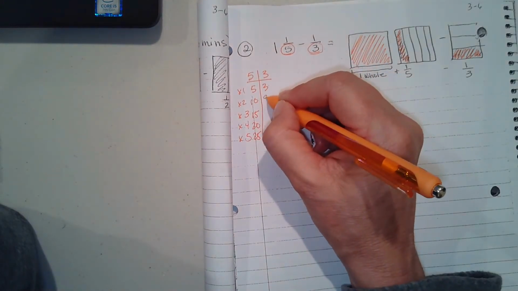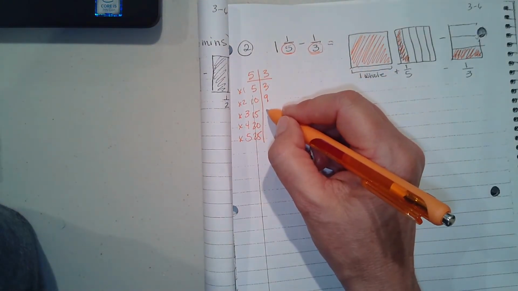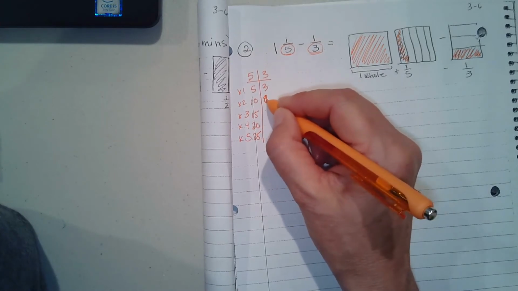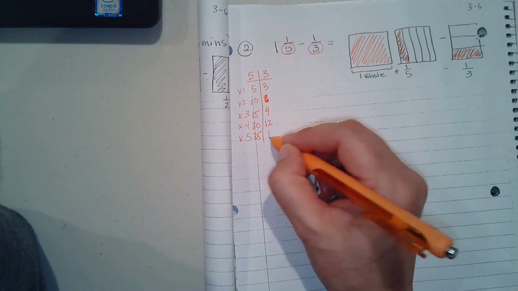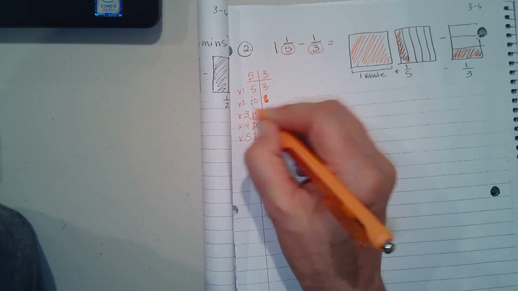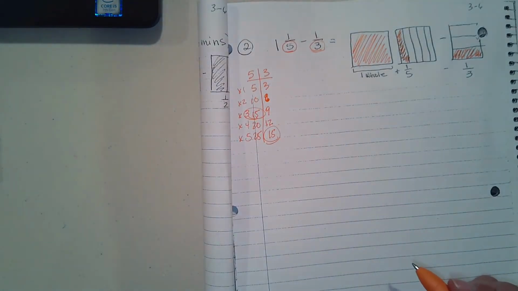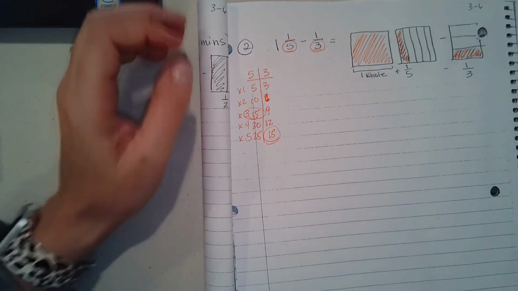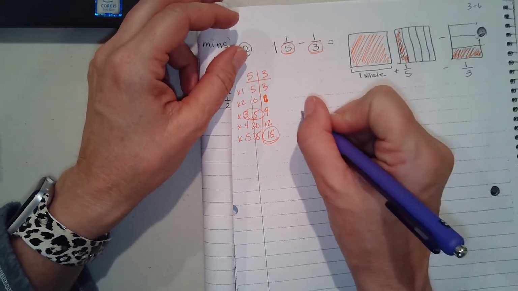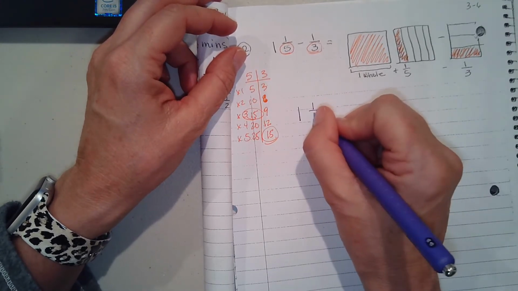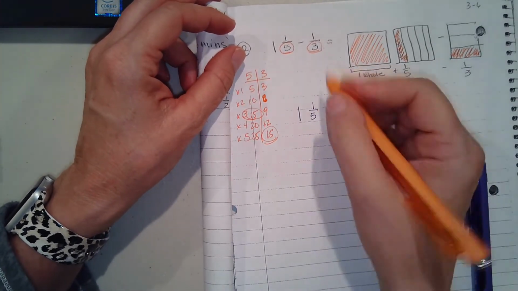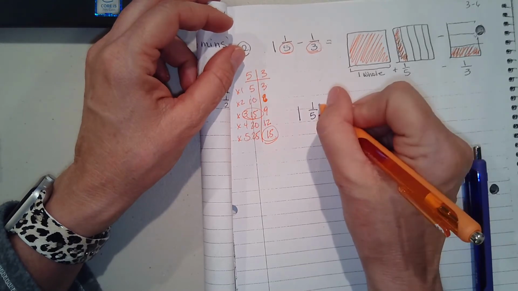3, 6, 9, 12, 15. All right. So now I need to multiply. I'm going to keep my one whole and I'm going to take 1/5 and I'm going to multiply by 3.